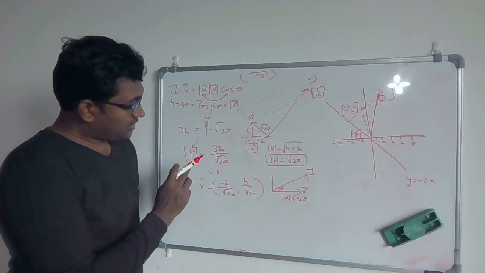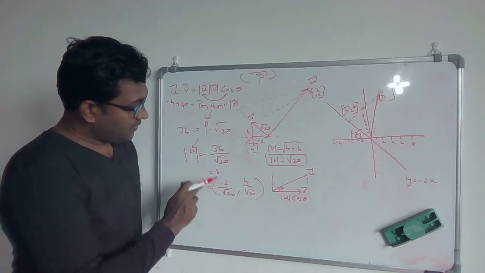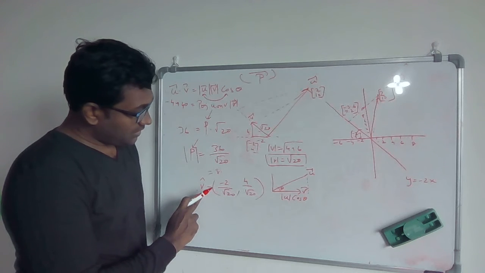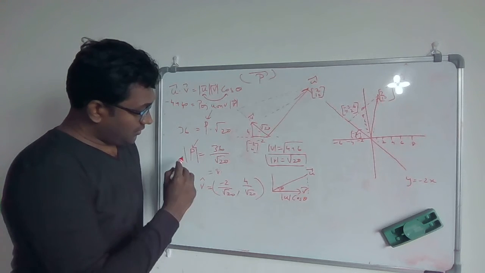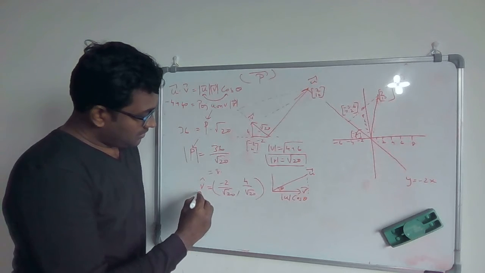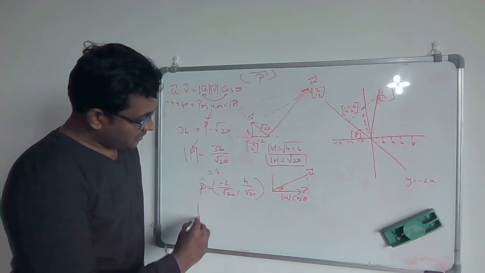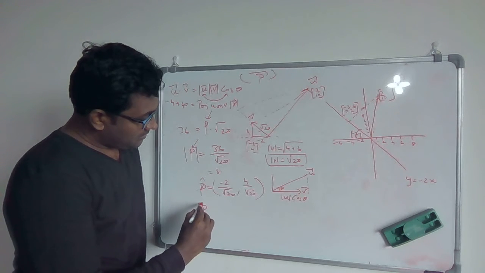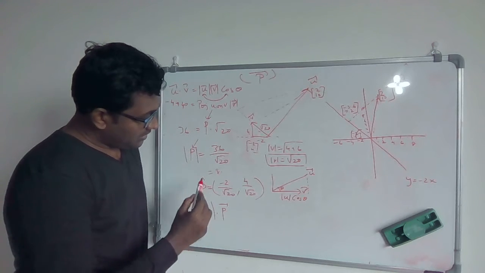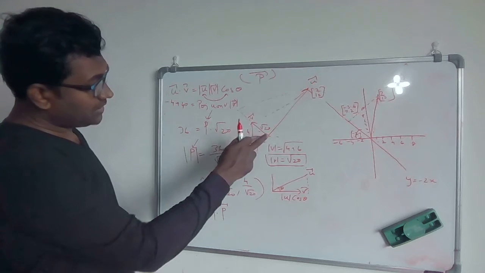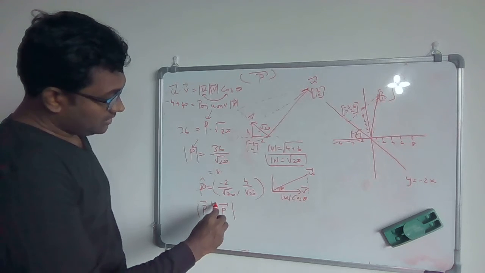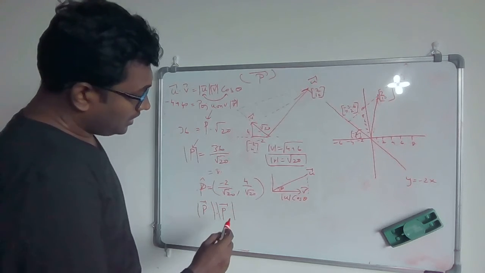Now we know the magnitude of the projection vector, and we know the unit vector of the projection vector. So if we multiply the magnitude of the p vector with the direction of this unit vector, since the direction of the unit vector and the direction of the p vector are the same, we can find the full information about this vector.